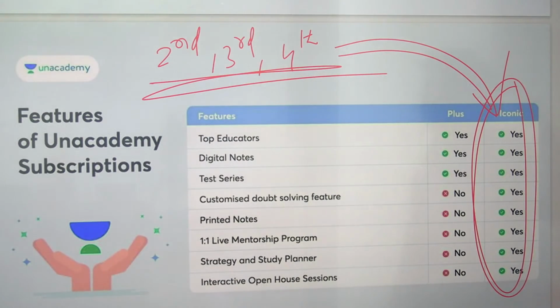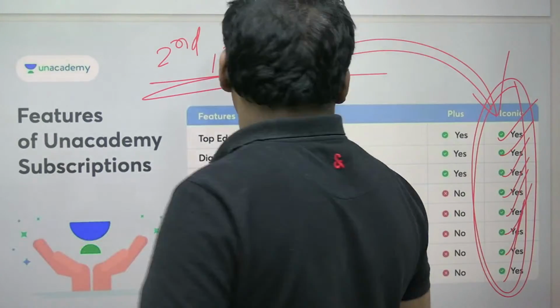If you learn everything in the second year itself, then in the third year you can do a lot of revisions, and in the third year itself you can crack a very good GATE rank. So my suggestion is to go for the Unacademy Iconic subscription.